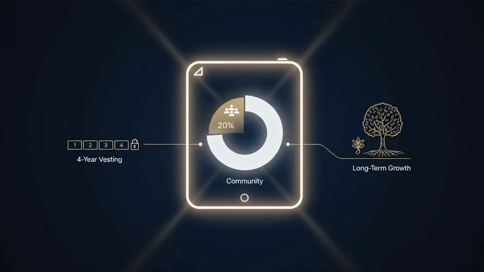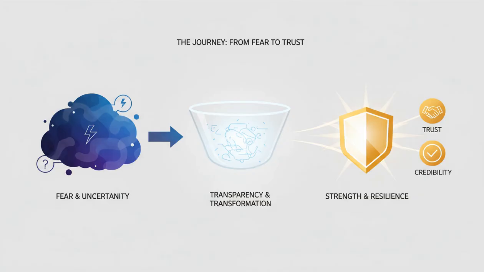When you publish a clear, well-reasoned blog post that explains the why behind these numbers, why the team gets 20% with a 4-year vest, why the community fund is so large, you do something incredible. You take what could be a source of fear, uncertainty, and doubt, and you transform it into your greatest strength.